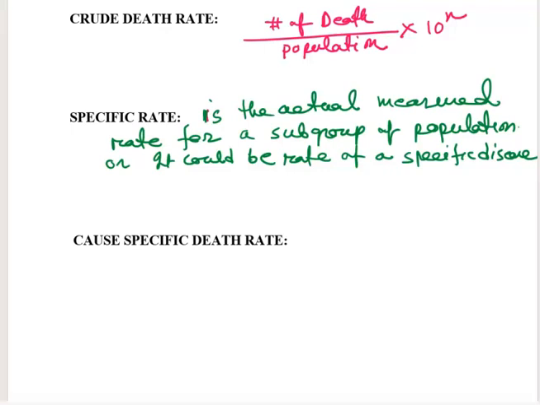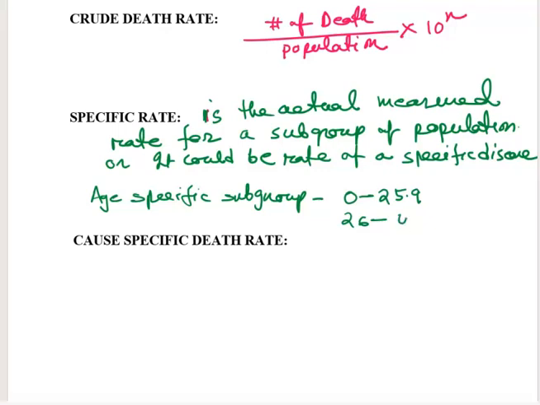If we distribute the population according to age, for age-specific subgroups, for example, 0 to 25.9, and then 26 to 45.9, then 46 to, suppose, 65.9, and 66 plus.